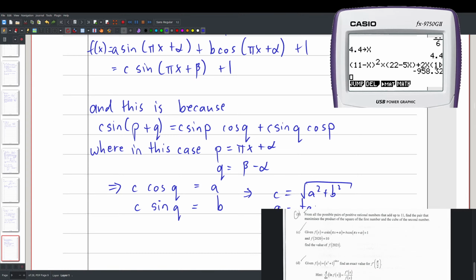Q equals arctan of b on a. Right, so we can always write it like that.